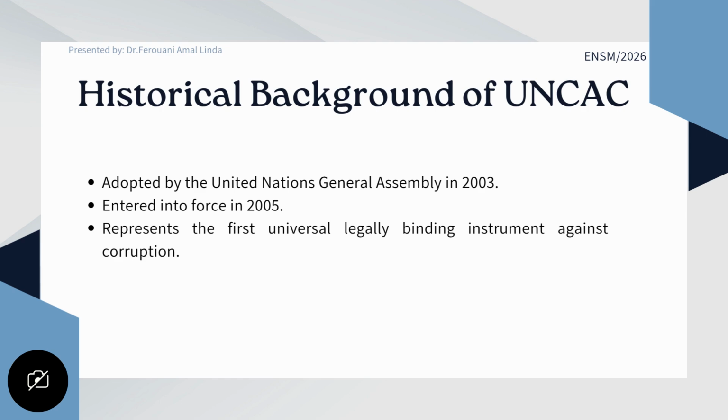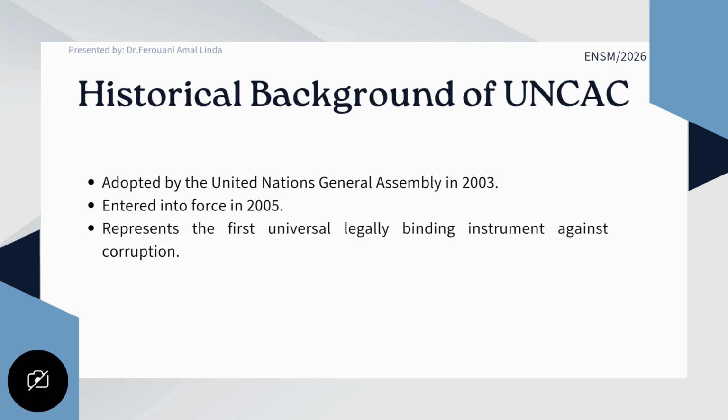Its adoption reflects the growing recognition that corruption constitutes a shared challenge requiring collective action at the international level. The convention established a comprehensive framework that extends beyond criminalization to include prevention, international cooperation, and asset recovery.